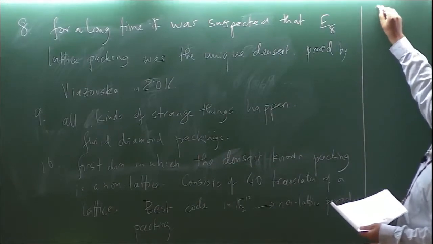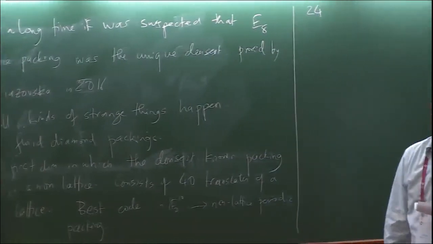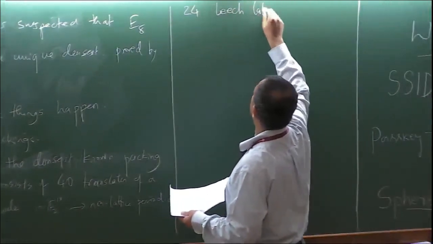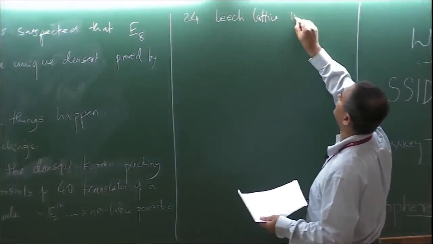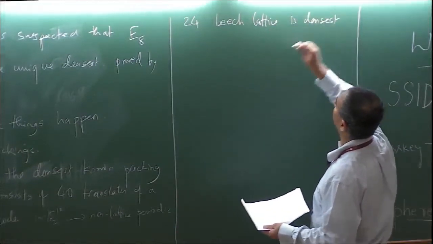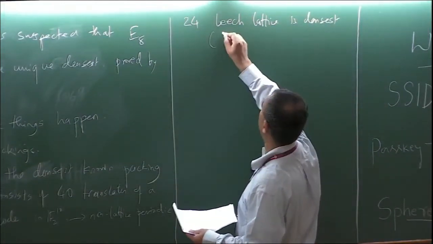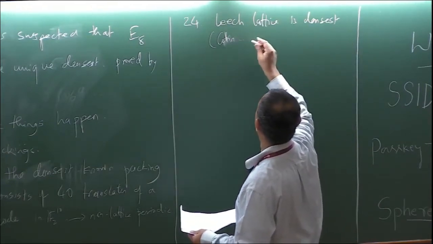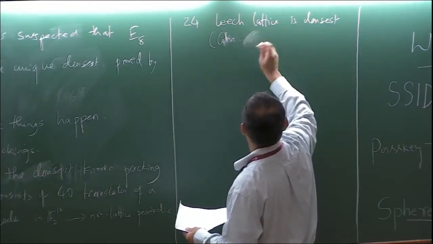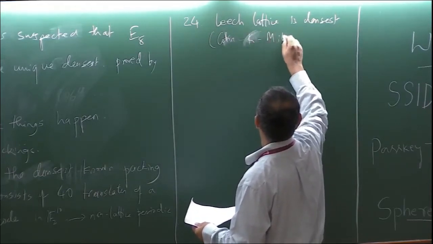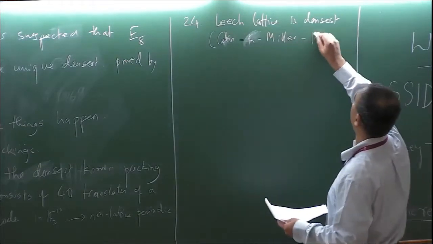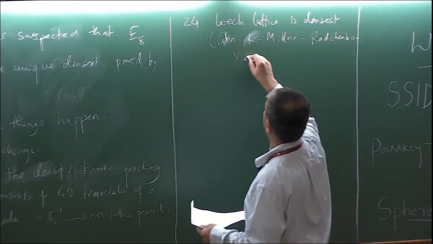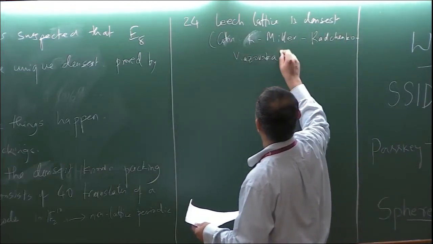What about higher dimensions? The next dimension in which we can say something definitive is the 24-dimensional case. In that case, it's proven that the Leech lattice is the densest. This is my joint work with Henry Cohn, Stephen Miller, Danylo Radchenko, and Maryna Viazovska.